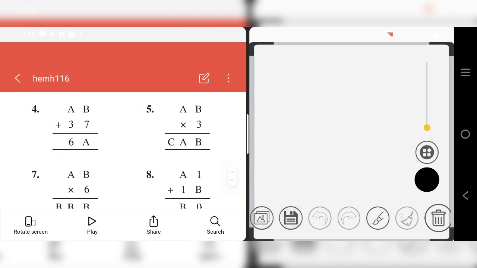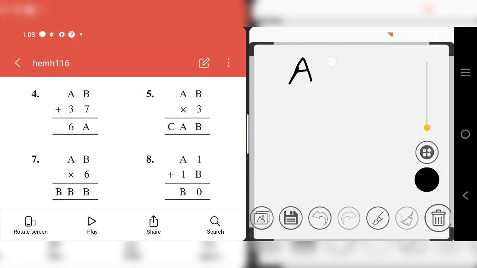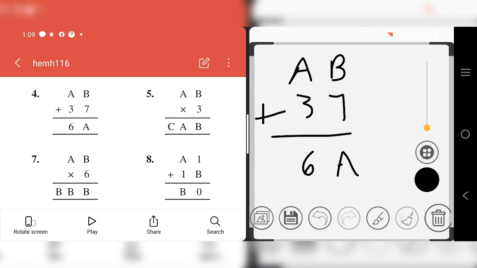Yes, fourth one, ab plus 37 is equal to 6a. So here they have not given the value of b and also the a, but they have given 37 and 6. So as the unit digit is a, maybe something 1a only it will be there.